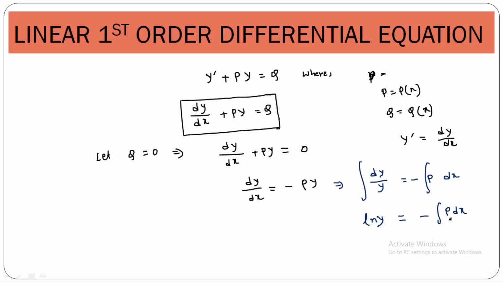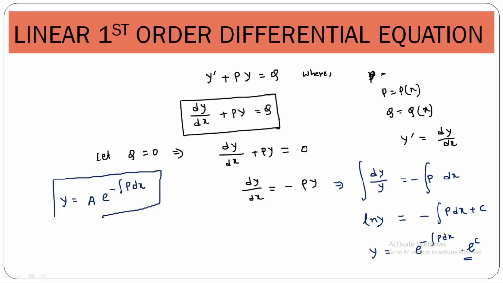Here p is a function of x, so you cannot separate it. Okay, so you will get an integrating constant over here. y will be e to the power -∫p dx times e to the power c. And if you take this e to the power c as another constant, then you will get y = a e to the power -∫p dx. So this is the solution of this differential equation.